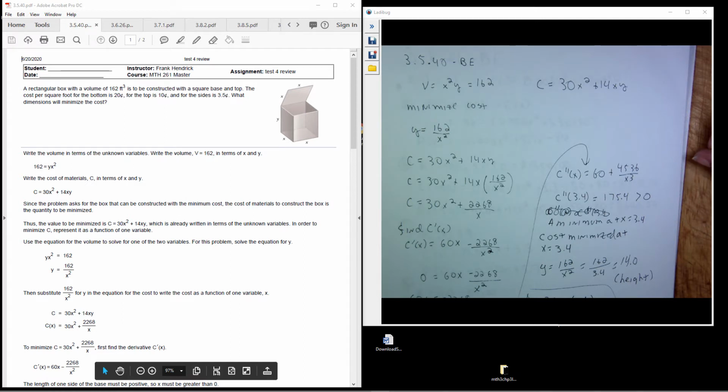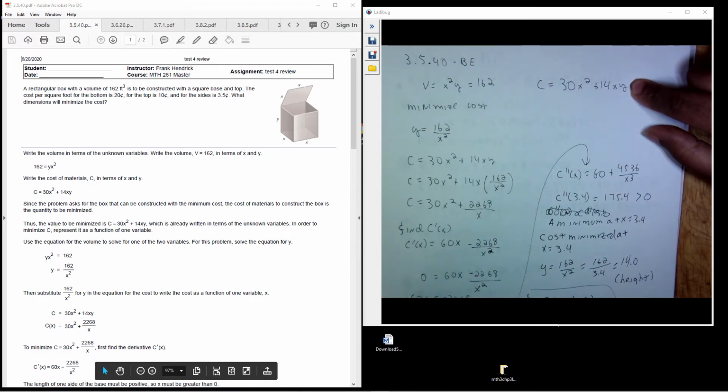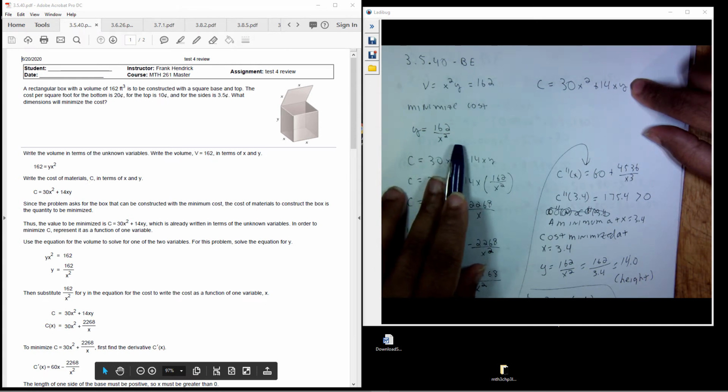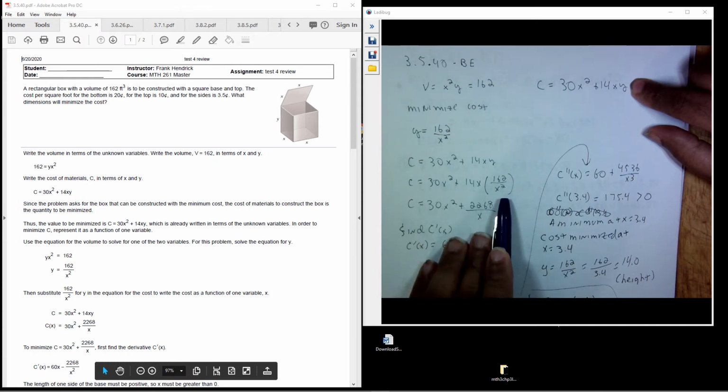Okay, so when we have this cost function here, notice the cost function is written in two variables. So we have to rewrite it with just one variable. So I take that volume function and I solve it for y here. Then I substitute it in and replace it.